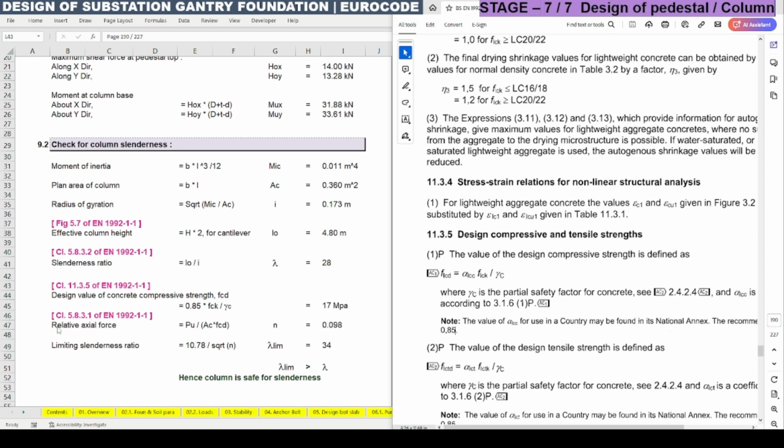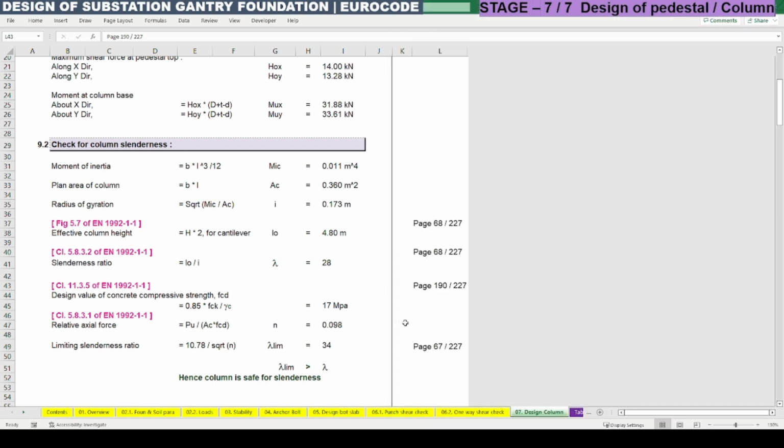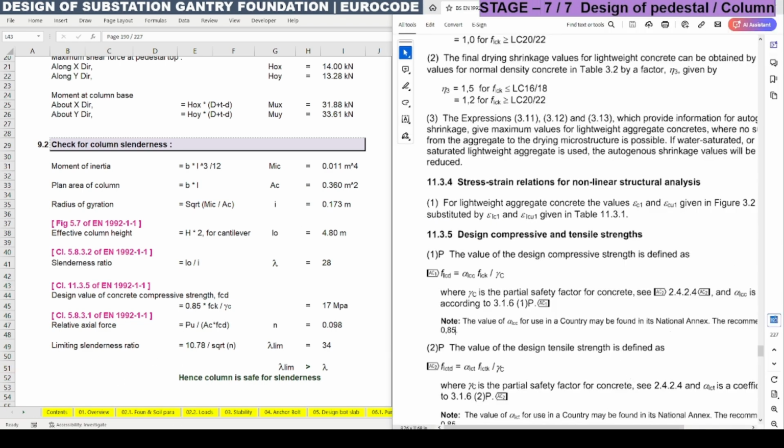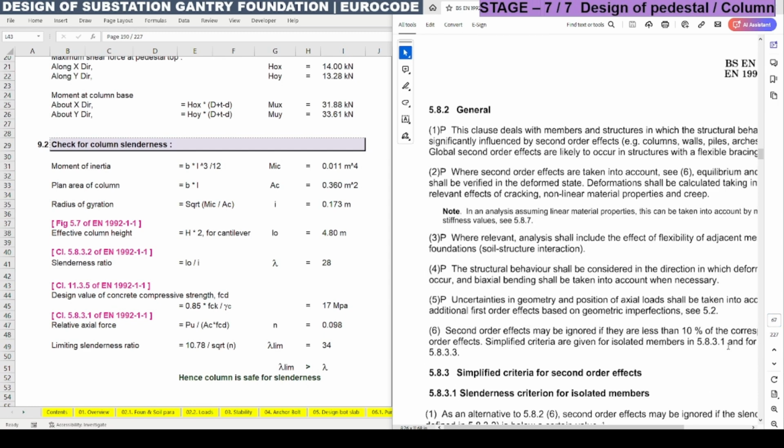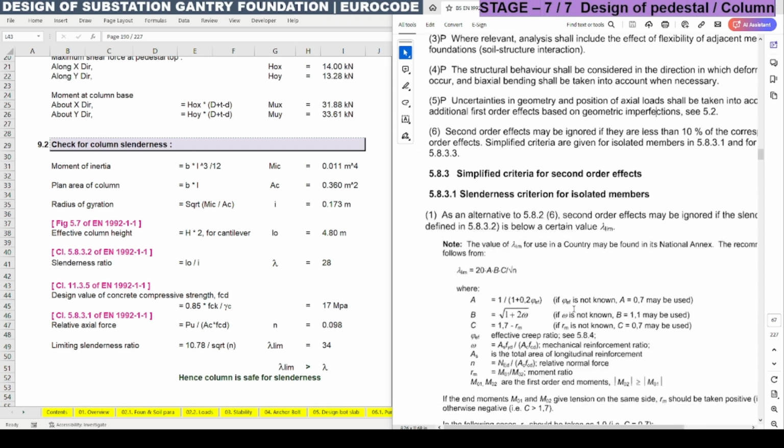Next we need to find out the relative axial force. This is as per clause 5.8.3.1, page 67. If you go to page number 67, here is the equation for relative axial force n. You can see n equals NED divided by AC FCD.